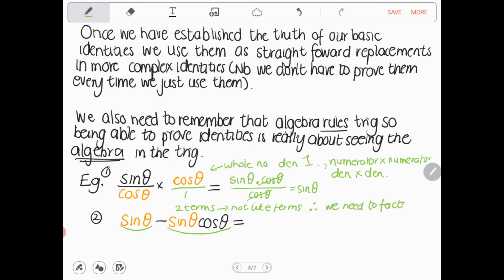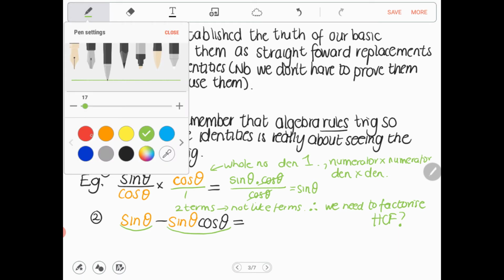And when we factorize, remember the first thing we always look for is there a common factor? And yes, I'm hoping you guys can see that the sine theta that I've written in orange here, it wouldn't be orange normally, is a common factor. So we need to take that common factor out.